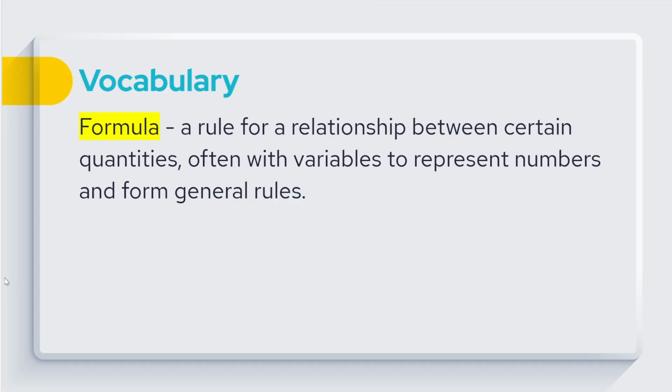Here is our first vocabulary word for the lesson, formula. A formula is a rule for relationship between certain quantities, often with variables to represent numbers and form general rules. So you have all seen formulas before. The area of a rectangle is the length times the width. The volume for a cube is the side length cubed.